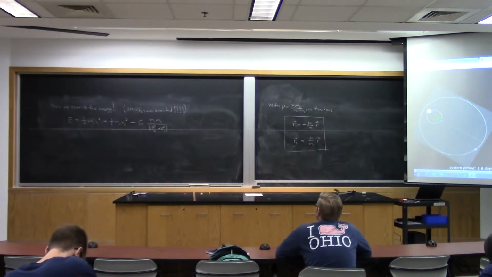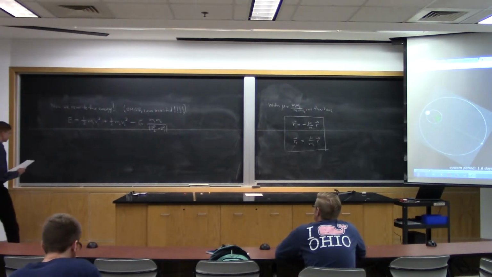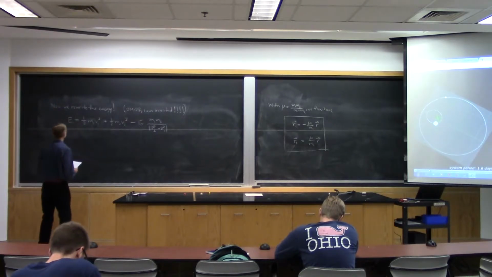So the distance between the bodies is the magnitude of that vector, r2 minus r1. Any questions?